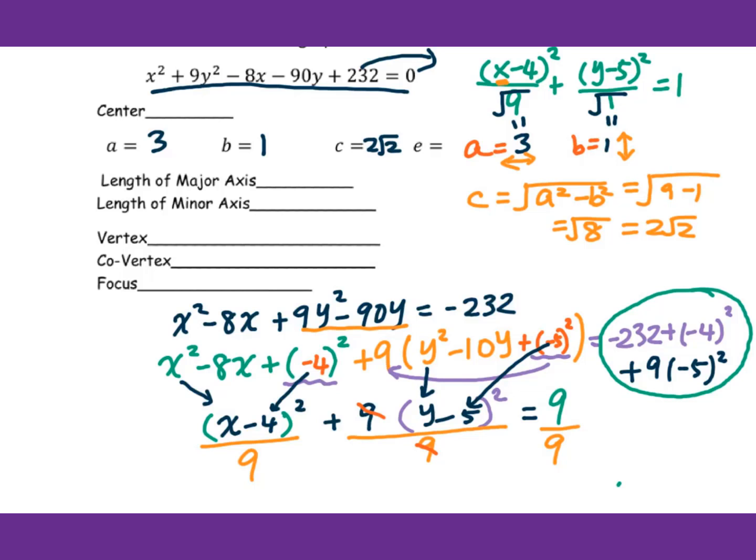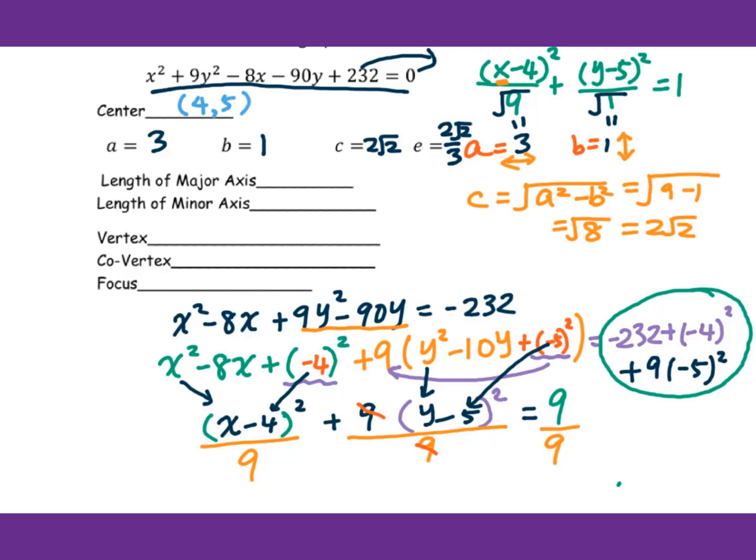E, that is C over A. So we get 2 square root of 2 over 3. For the center, you will get 4, 5.